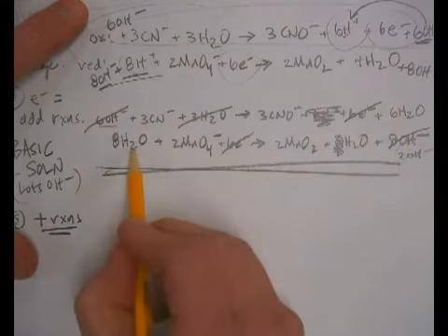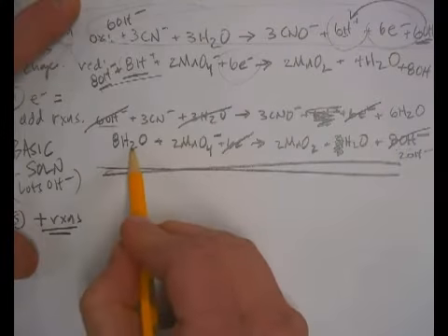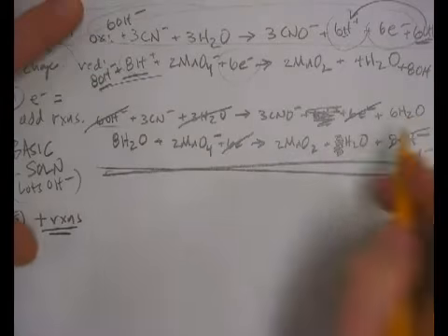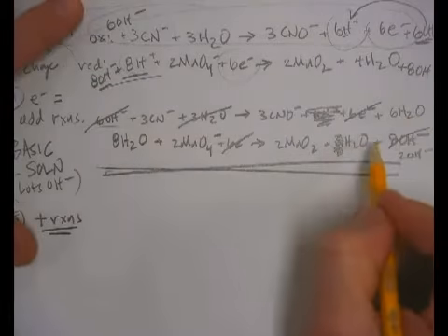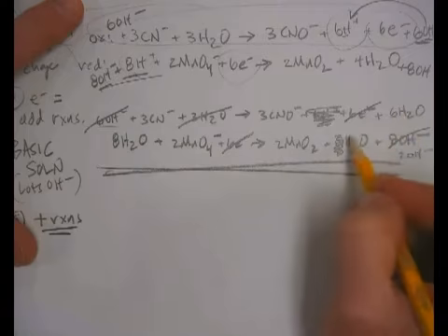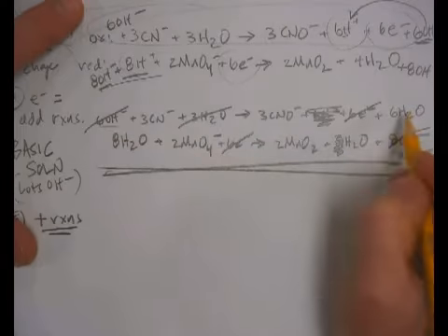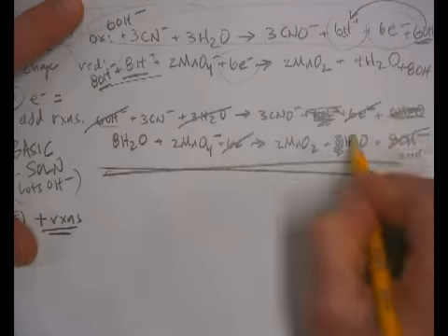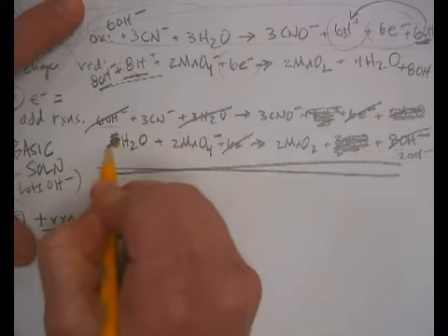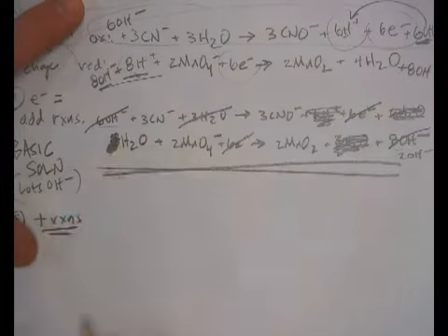Let's see, 8 H2Os here and 6 H2Os here. And I got 1 water here, so really I've got a total of 7 waters on this side and 8 here. So I'm going to get rid of 7 of them here, and then I'm going to get rid of 7 of them here, which leaves me just 1 H2O.